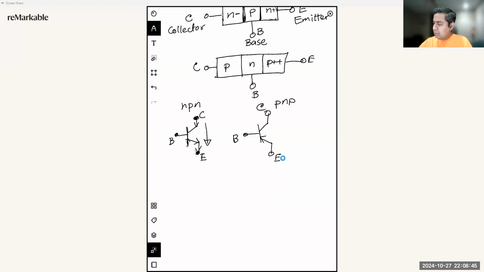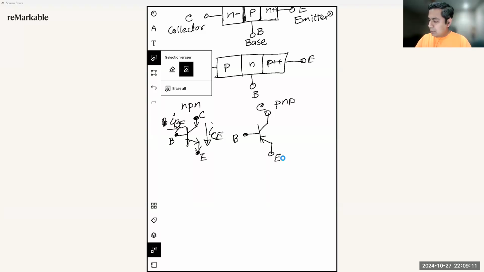So it will go from collector to emitter in this direction. And there will be another current that will go from base to emitter. This current is called IB, and this current is called ICE. Okay, and it's the same for PNP, but the direction of the current will be the opposite.